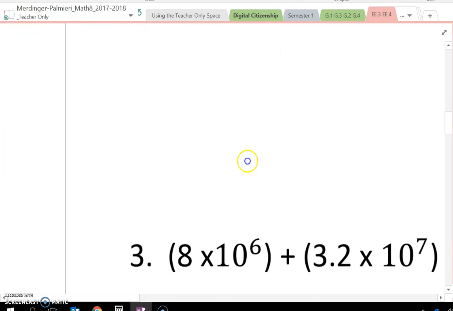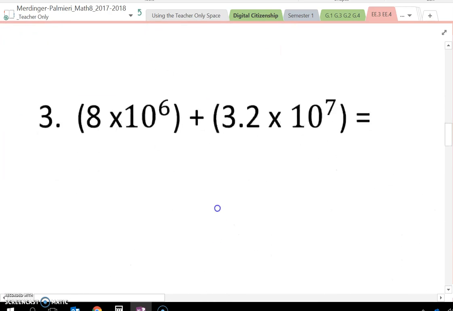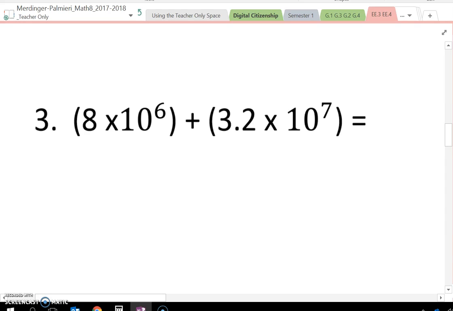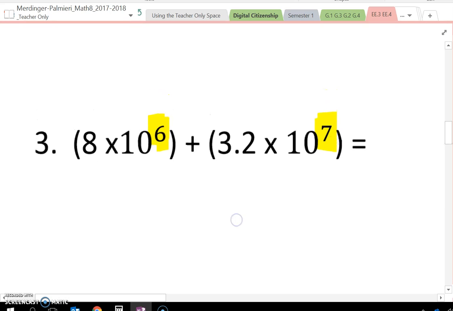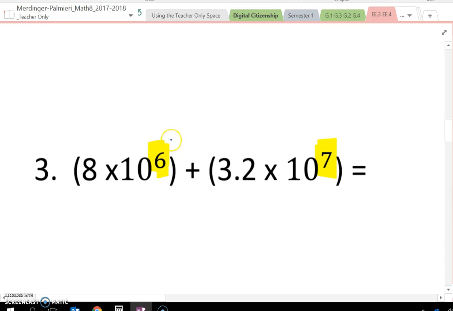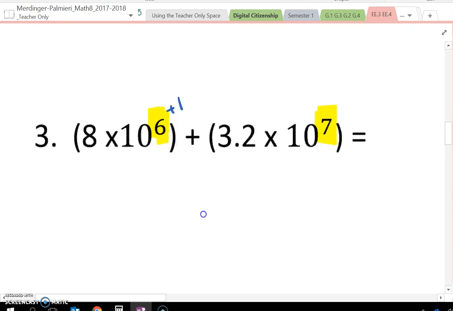All right, let's take a look at number 3. Hopefully I'm not making anybody dizzy here. Let's go ahead and look at our exponents. And identifying our exponents, I have a 6 and I have a 7. The smaller exponent is the 6, so in order to turn that into the 7, I'm going to be adding 1, turning this from an 8.0, moving the decimal 1 space to the left.